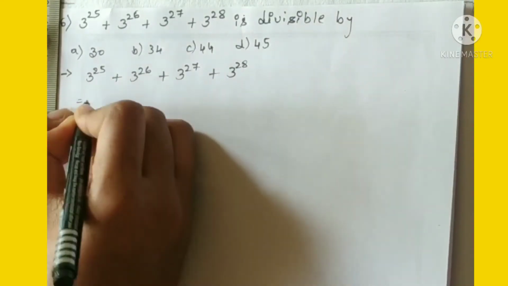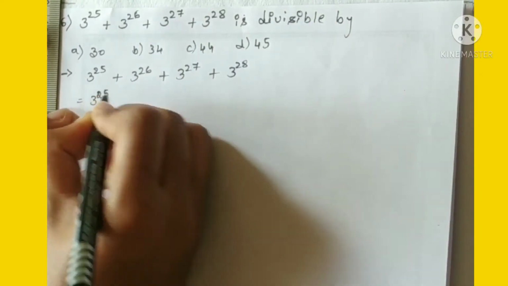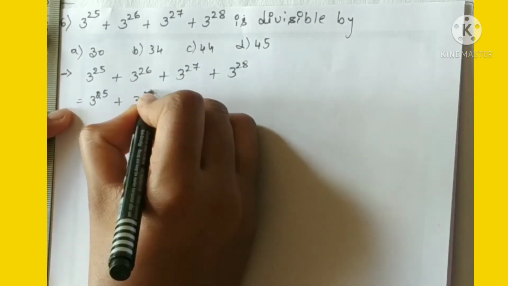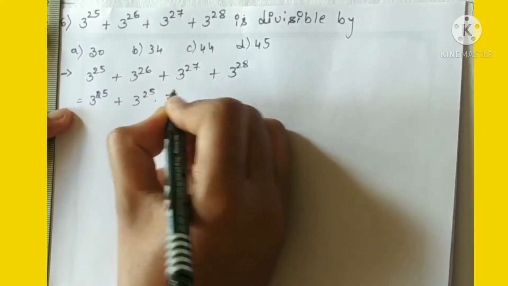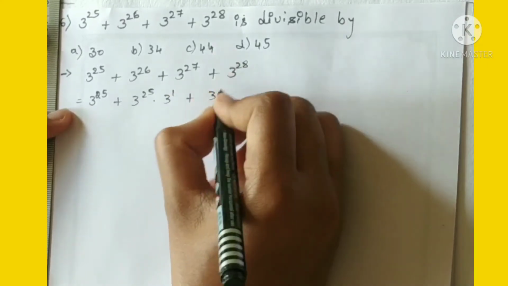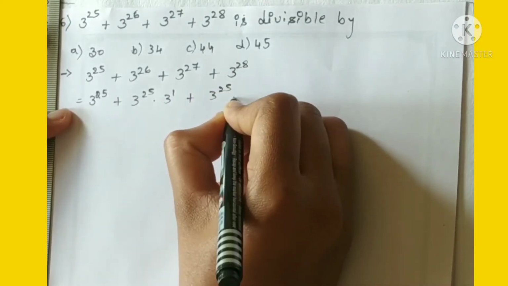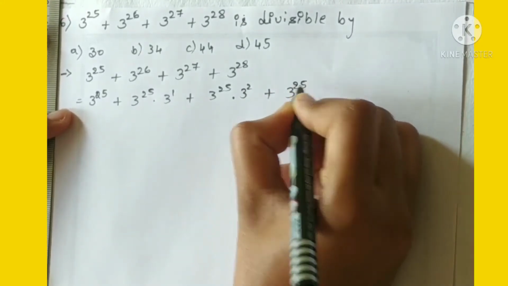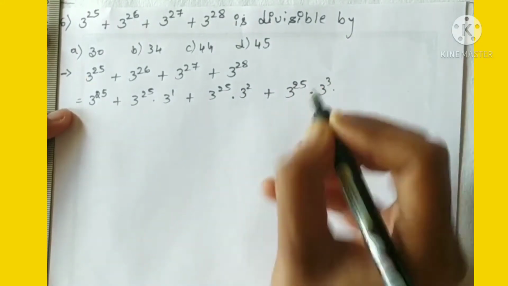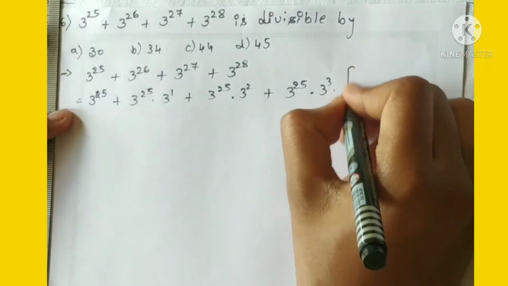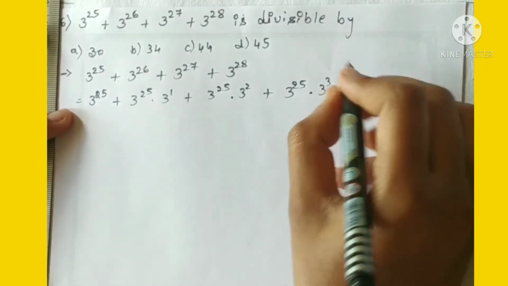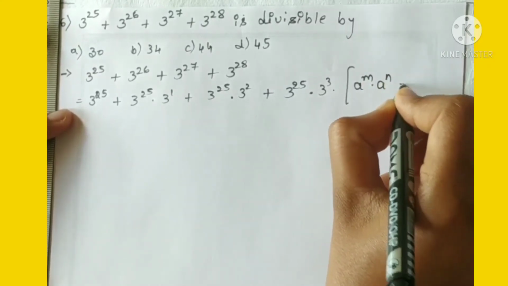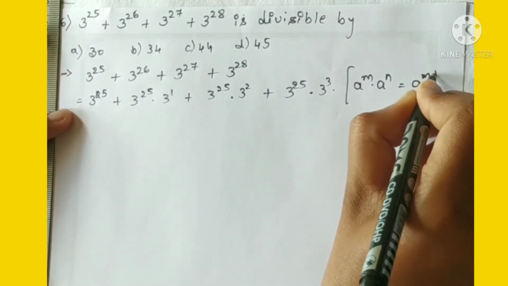I write 3 to the power of 25 as it is, plus 3 to the power of 25 into 3 to the power of 1, 3 to the power of 25 into 3 to the power of 2, plus 3 to the power of 25 into 3 to the power of 3. Here also I just apply a to the power of m into a to the power of n, which is equal to a to the power of m plus n.